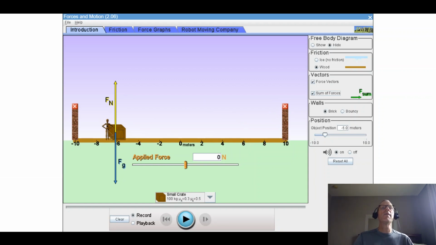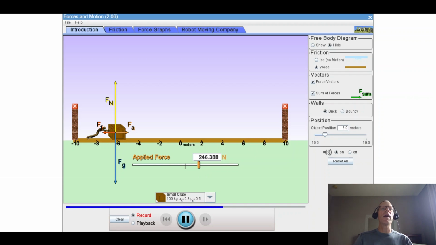If I push on this, so not me, but my proxy, that wooden stick figure, I push a little bit. Notice I'm pushing with about 45 newtons of force. We've got the little arrows there. As I push harder and harder, those arrows get bigger and bigger.